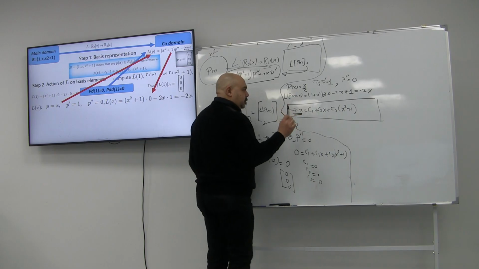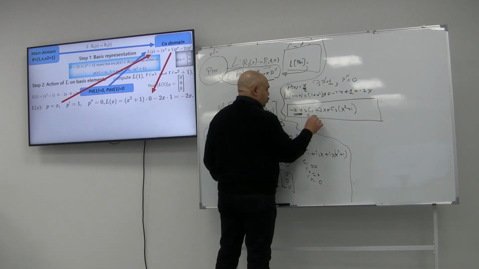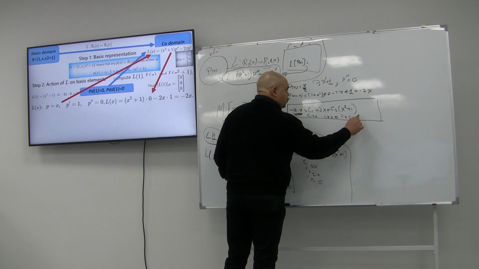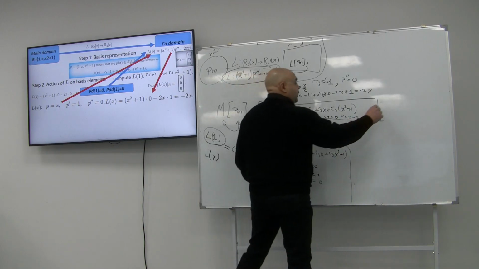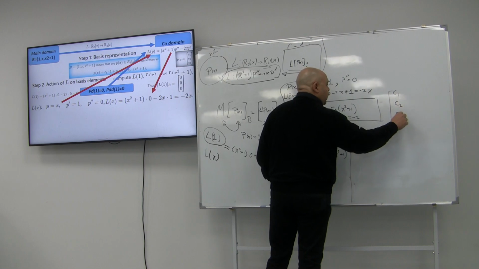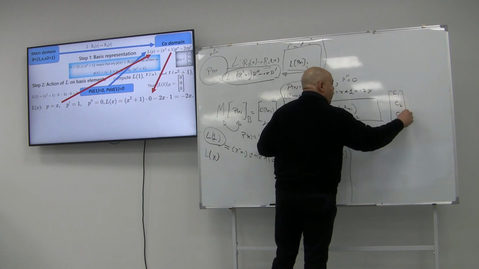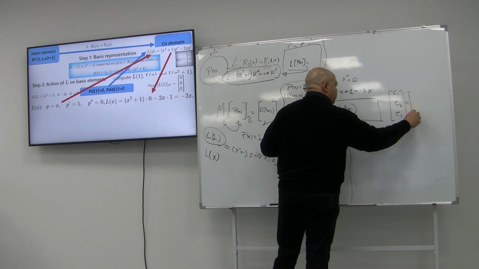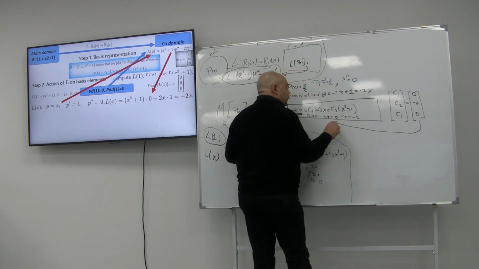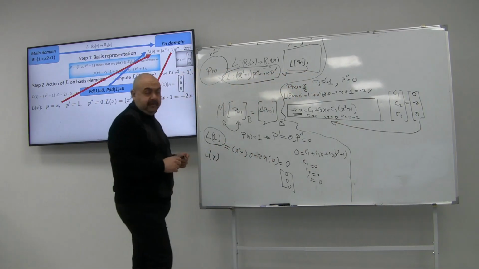So the only solution is that c1 should equal 0, c3 should equal 0, and c2 should equal negative 2. So those are the coordinates, which were c1, c2, and c3. Now, substituting, it's going to be 0, negative 2, and 0. So actually these are the coordinates relative to the image of x.